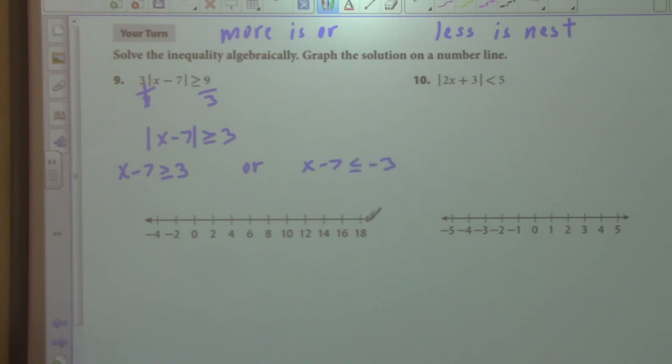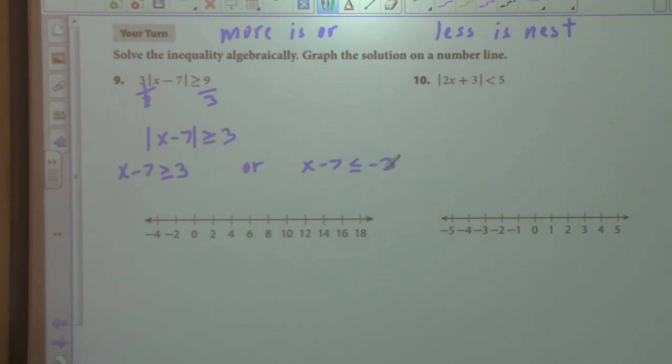That's what or means. Why'd you put the sign on the negative 3?